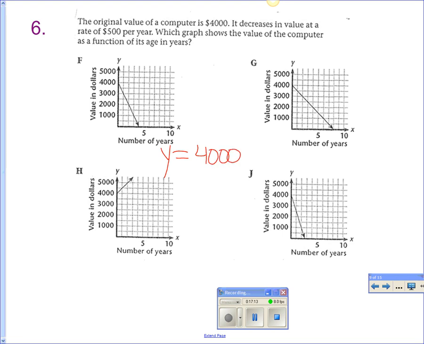Why is it minus? Says decreases, so that's a minus, and then per year is why you put an x. Okay. Sarah, are there any that don't start at 4,000? No. Is there any one that you can mark off though that you know is wrong automatically?